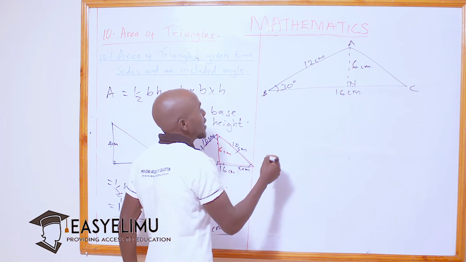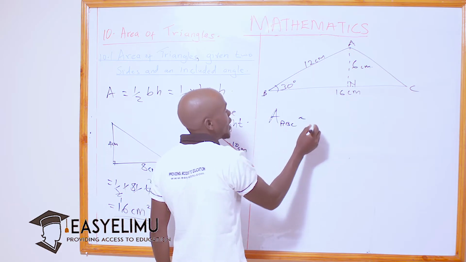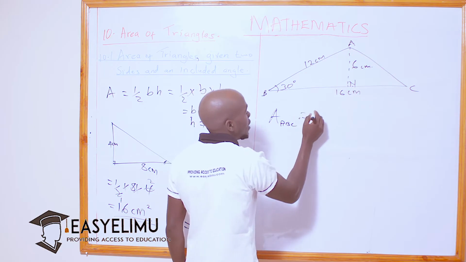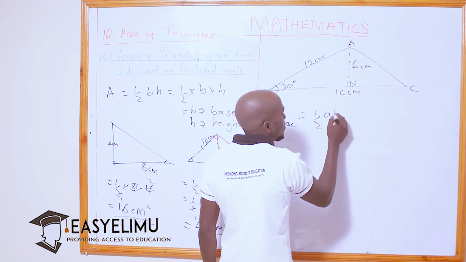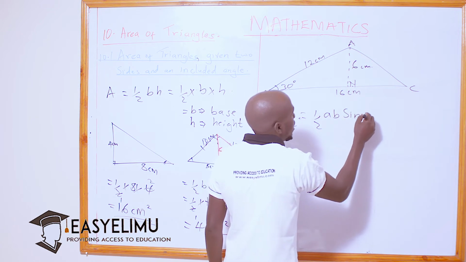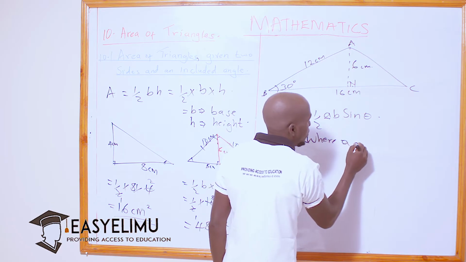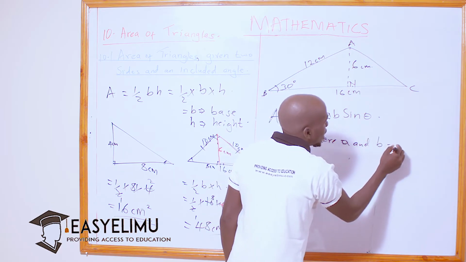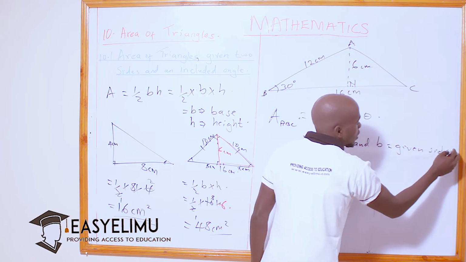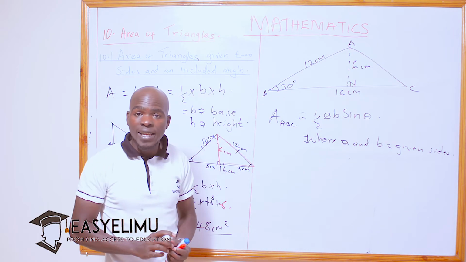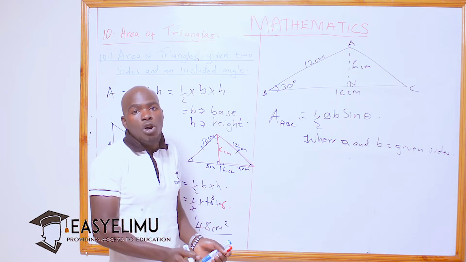We can simply say that the area of triangle ABC can be found by taking a half AB sine theta, where A and B are given sides which enclose a given angle of that triangle.